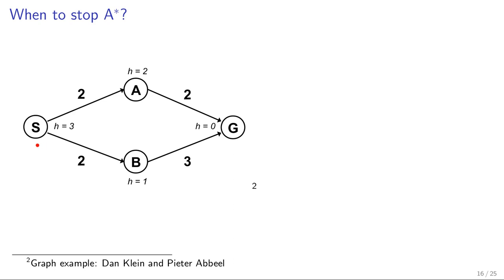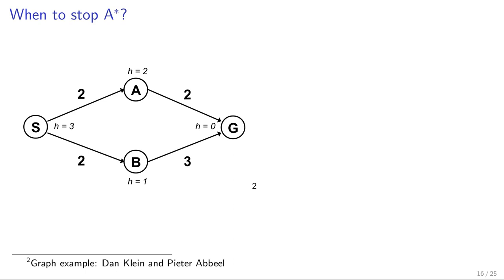So f of s would be the backward cost, it's the start, so that's 0, plus the heuristic. Somebody tells us it's going to cost 3 to go from here, so it's 3. We're going to expand it and remove it from the frontier, and we're going to get to A and to B. Let's write down a couple of things.